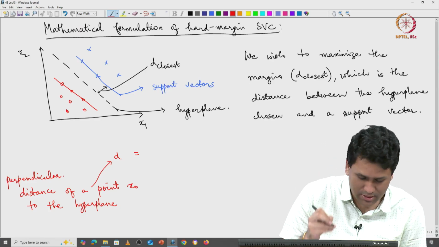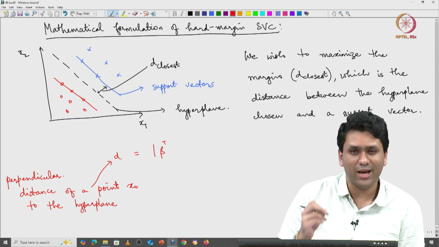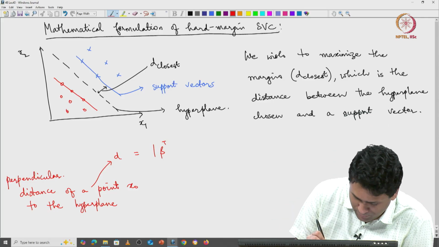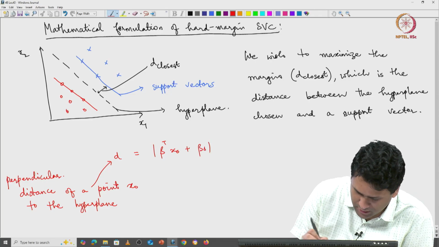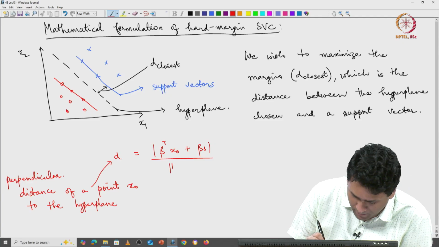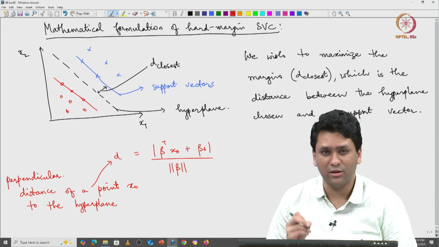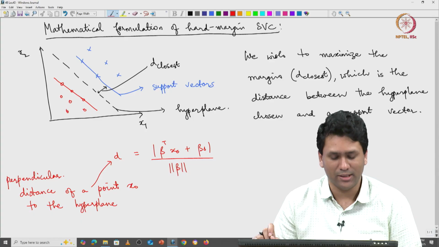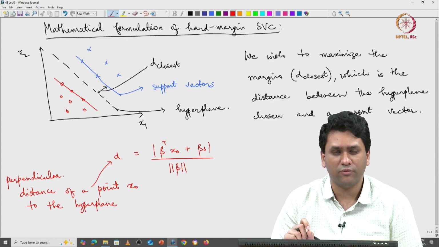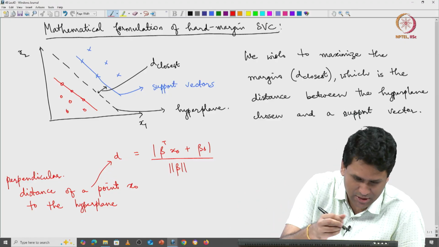This can be shown for a line but also for a hyperplane. So this is simply beta transpose x naught plus beta naught divided by the norm of beta. This is a standard result when you do geometry. You would have in your high school found the distance between a point and a line, right. This is simply the extension of the same concept to find the distance between a point and a hyperplane, because we are operating in p-dimensional feature space.